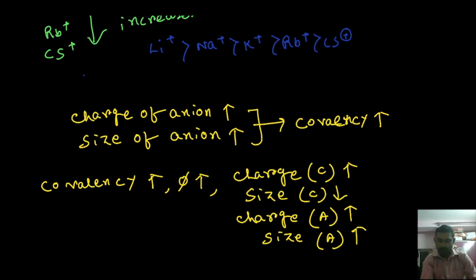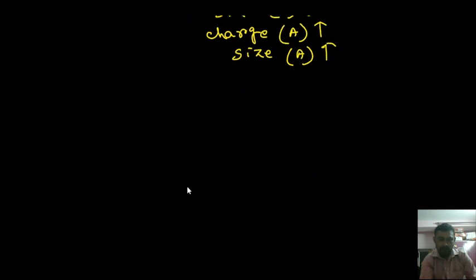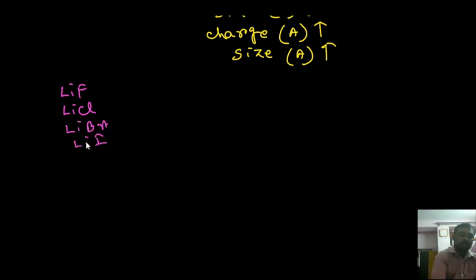Suppose I talk about some examples. Let us take lithium fluoride, lithium chloride, lithium bromide, lithium iodide. Which will show more covalency, or what will be the order of the covalency? For the four salts, the cation is the same, lithium plus, but the anion changes.